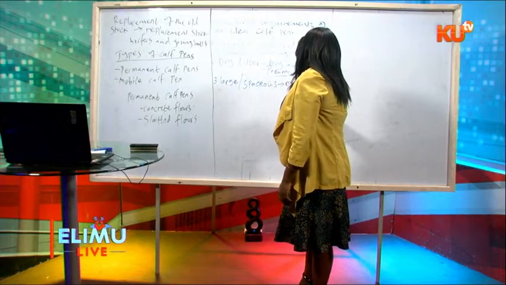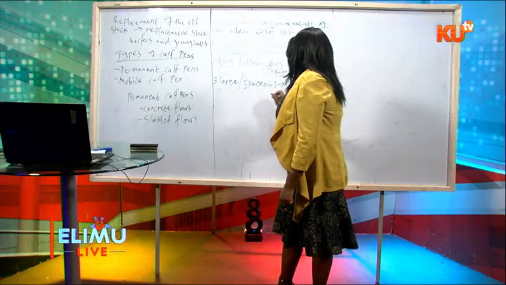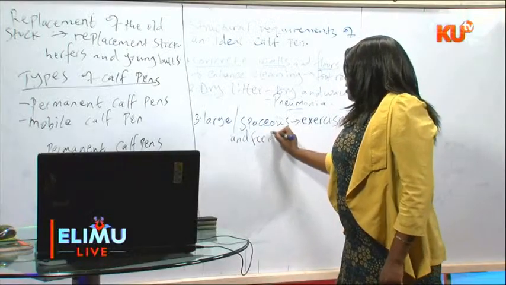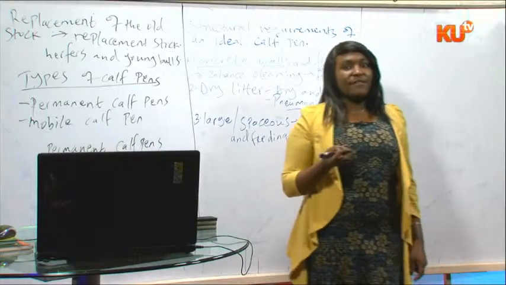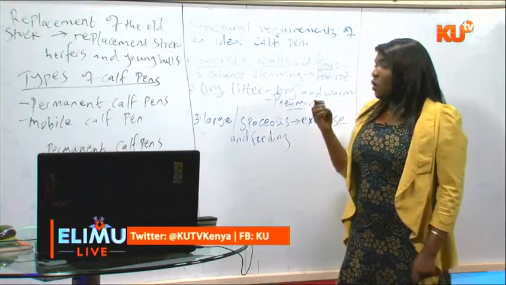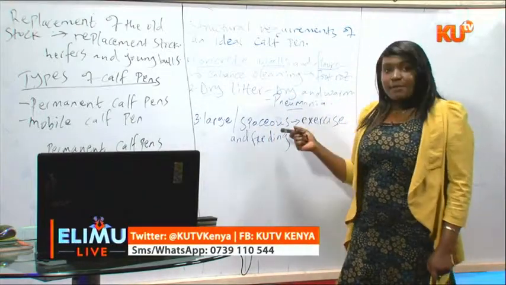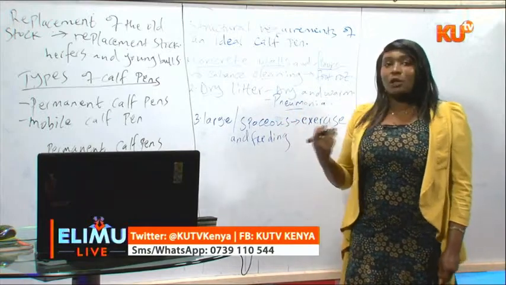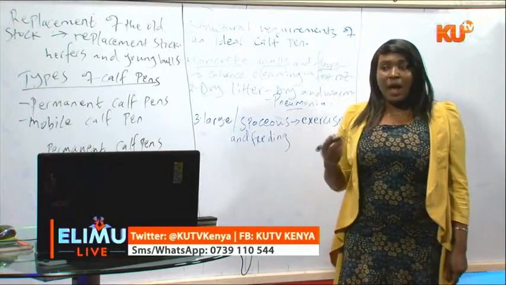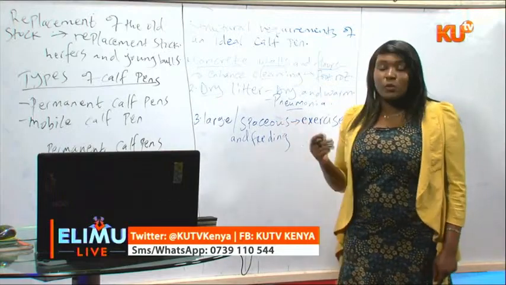Exercise is very crucial. Exercise and feeding. Exercise is very crucial for each and every living organism. And just as human beings, we require a lot of space, animals also require enough space for them to be able to exercise.